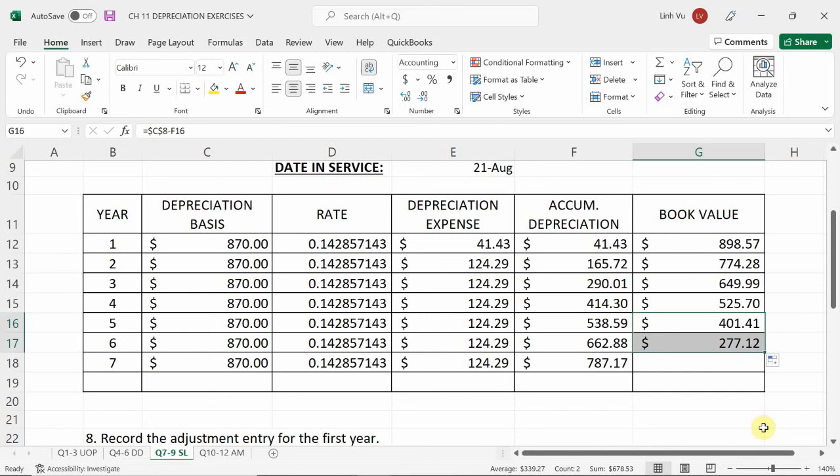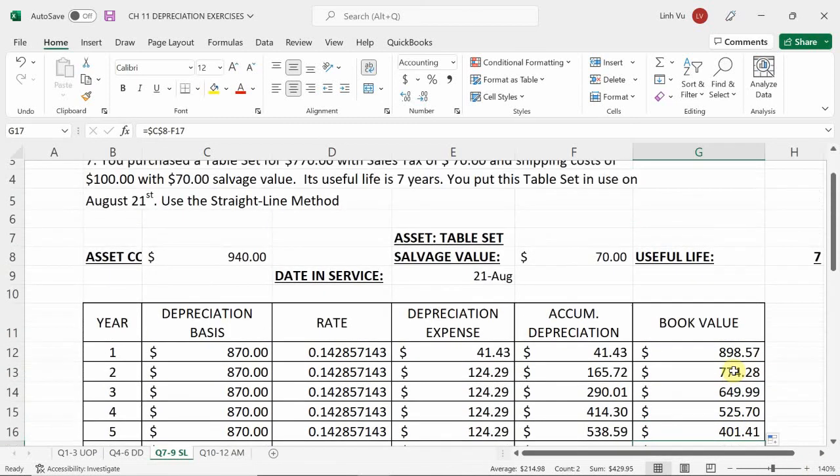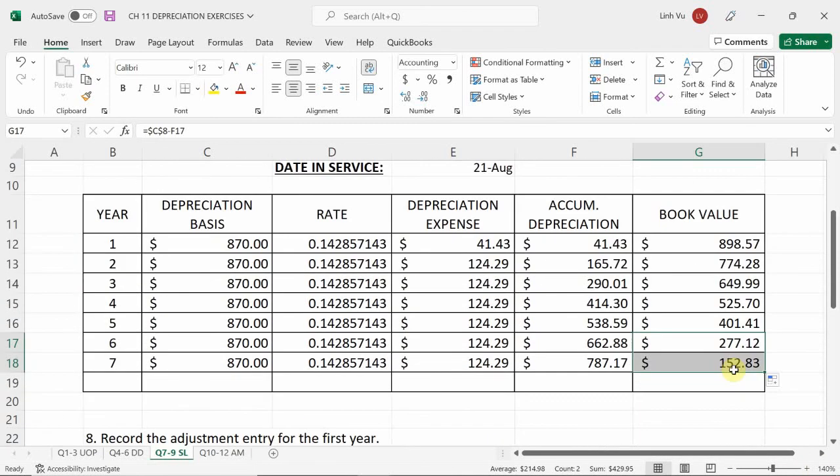Good. And lastly, I'll go ahead and solve this one for you. You should be at $152.83. Yes. Now, question, can we go for an 8th year?